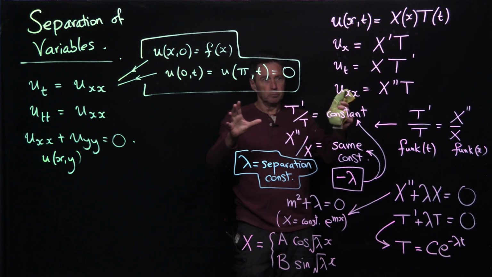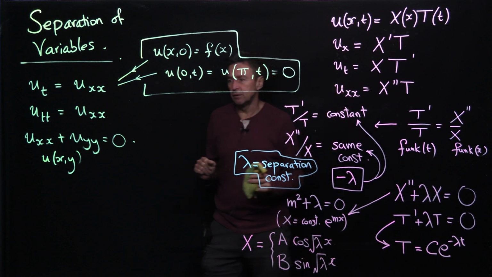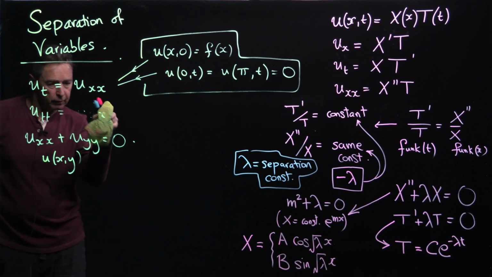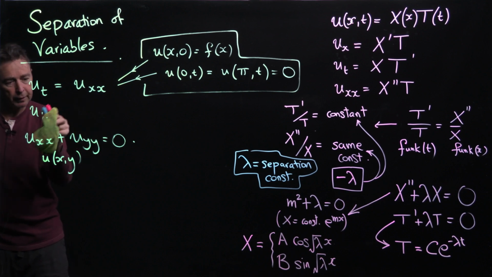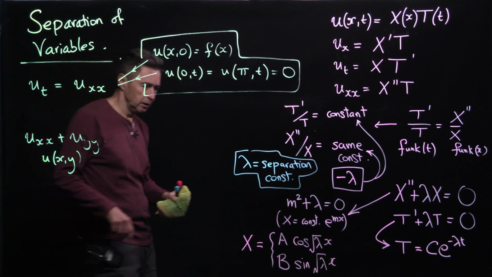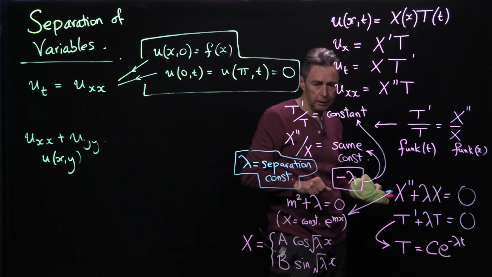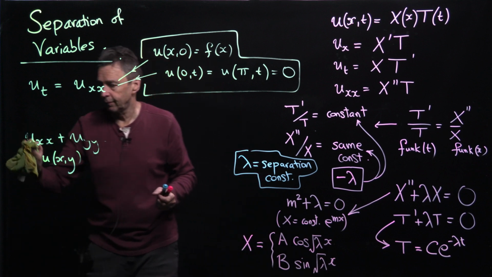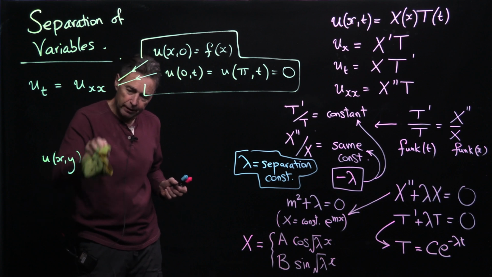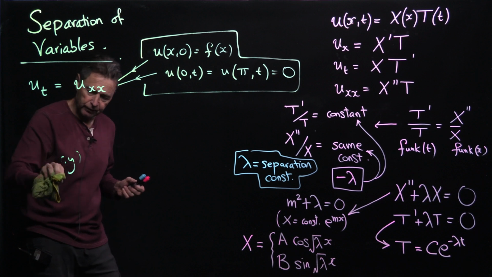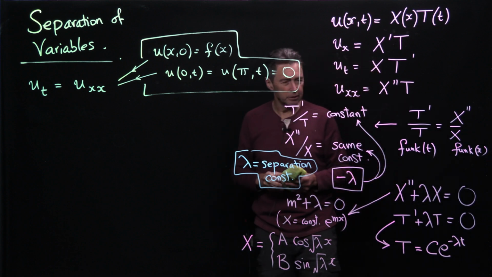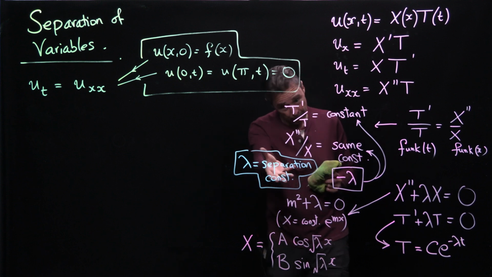Right, so let's summarize what we've accomplished so far. We've taken our PDE. Let's get rid of these for the moment. We separated variables. The separation introduced two new functions, the big X and the big T, and a separation constant. The PDE then was cleverly rewritten so that we had a function of X equal to a function of T, and because they're different variables and independent of one another, that means they both have to equal the separation constant.